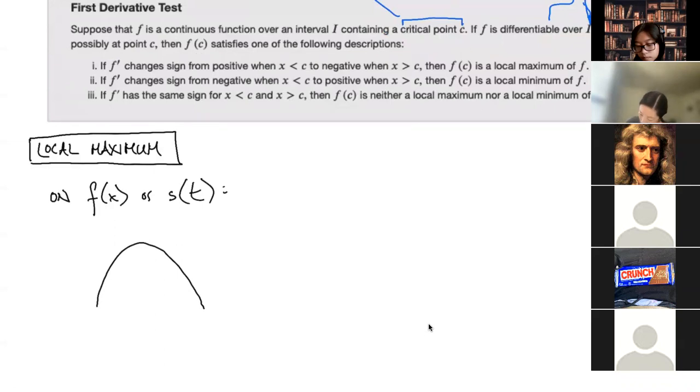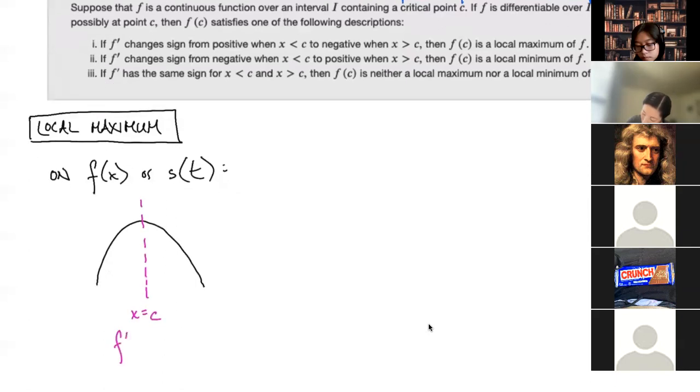And in particular, at x equals c, we know that f prime of c equals 0, meaning there's a horizontal tangent line there. But let's look at the slope on both sides of that.